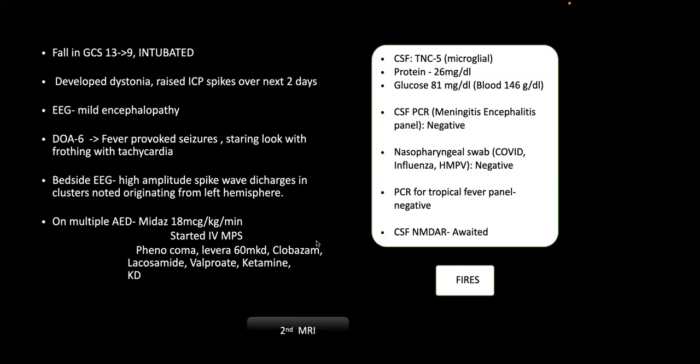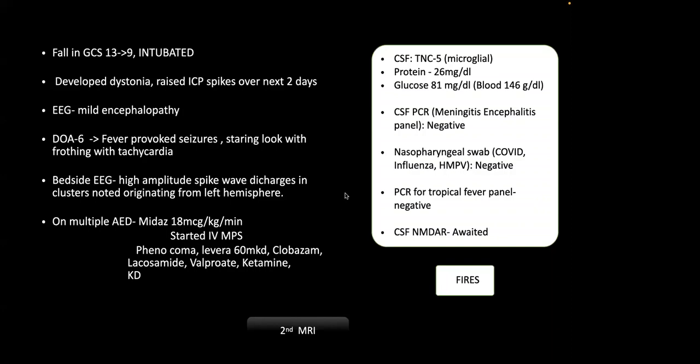Meanwhile, on investigations, his CSF analysis was normal. We sent a nasopharyngeal swab for COVID, influenza, and HMPV. It was negative. PCR for tropical fever panel also came negative. And today we got CSF PCR for dengue and chikungunya, got IgM positive.